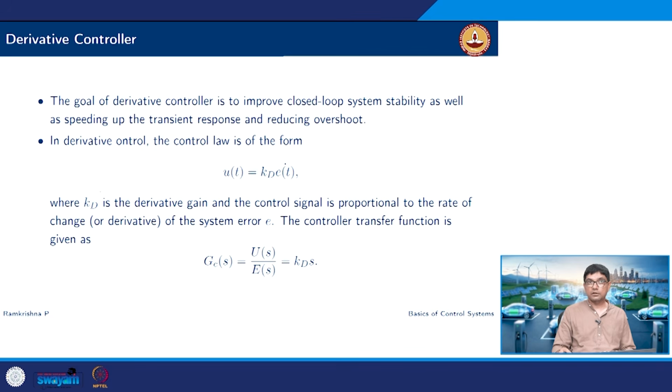Now the last component that is of interest is the derivative control. With the integral control, we could eliminate the steady state error for a step input. We could also eliminate constant disturbances. So now the goal of the derivative control: what is remaining now?